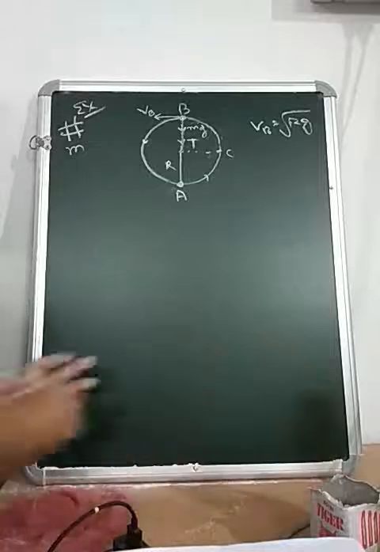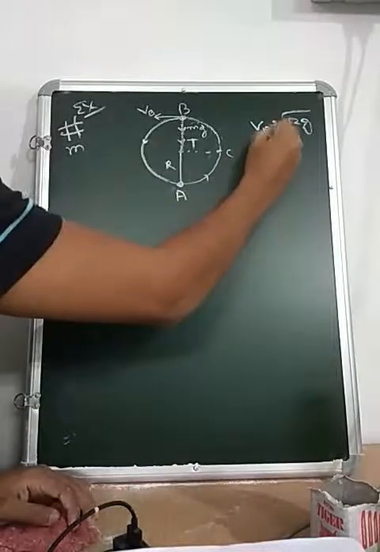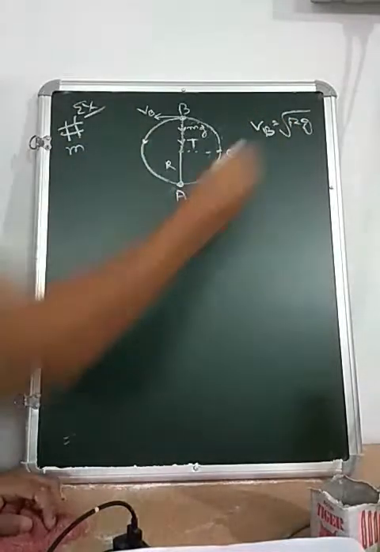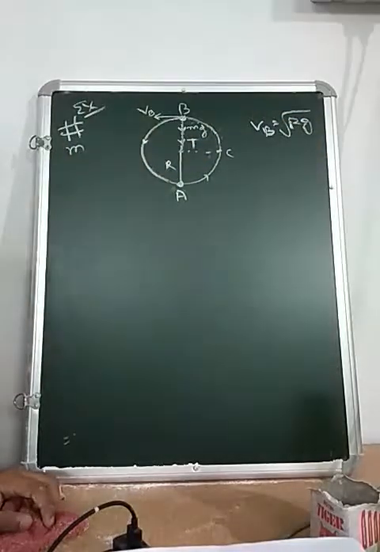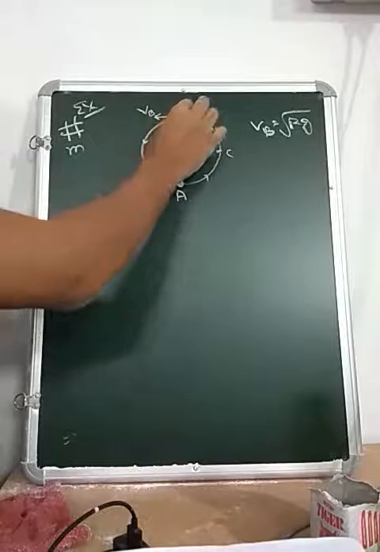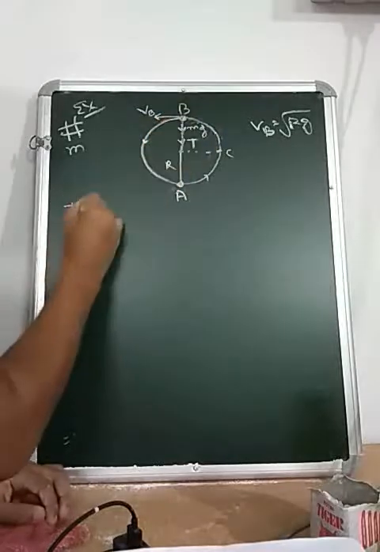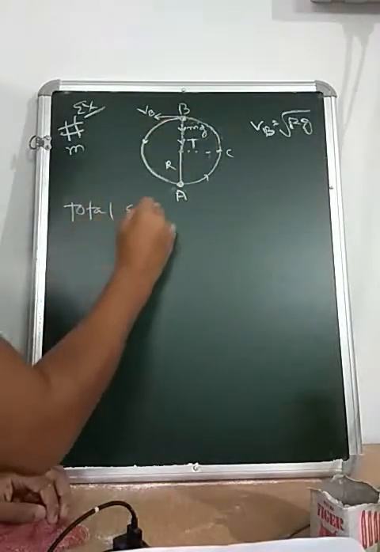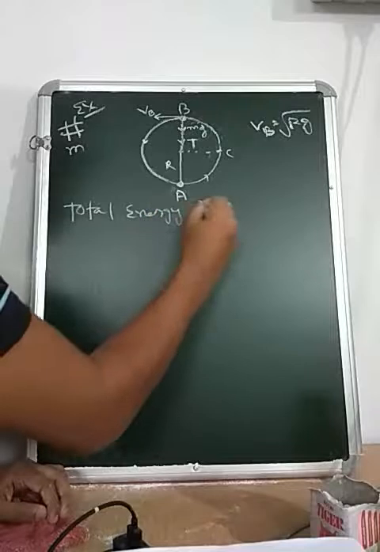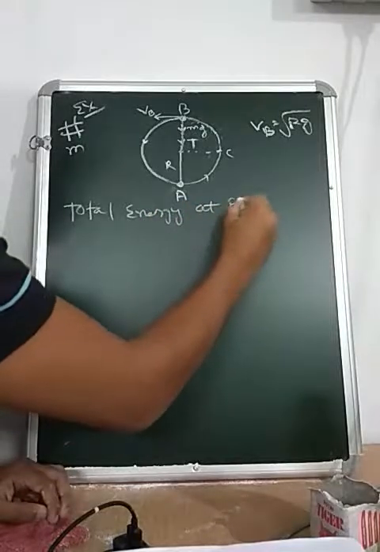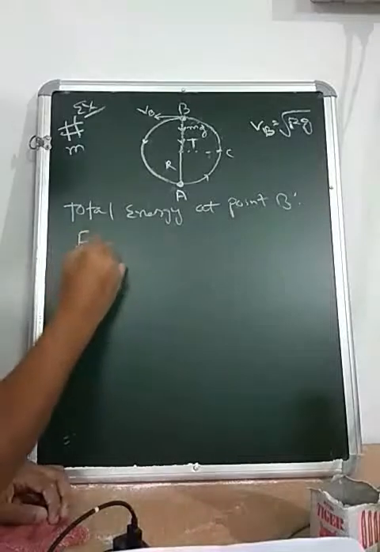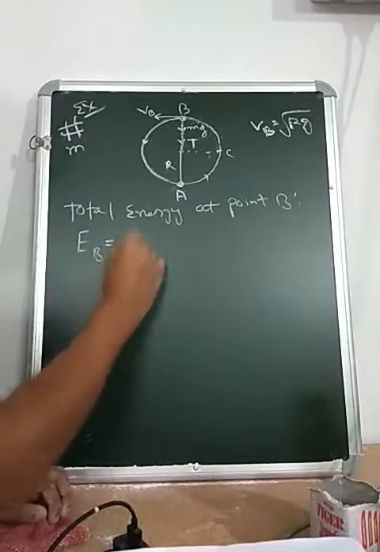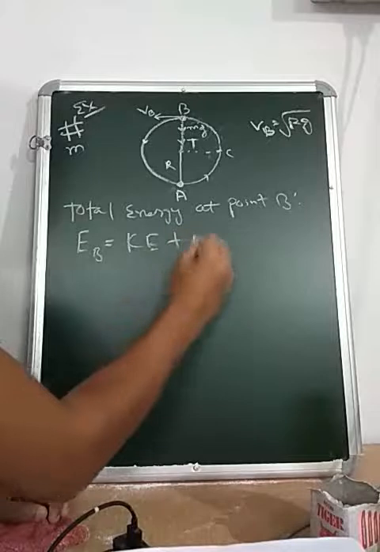So we know the minimum velocity of the object at point B. What is the total energy of the body at this position? Total energy at point B will be kinetic energy plus potential energy.